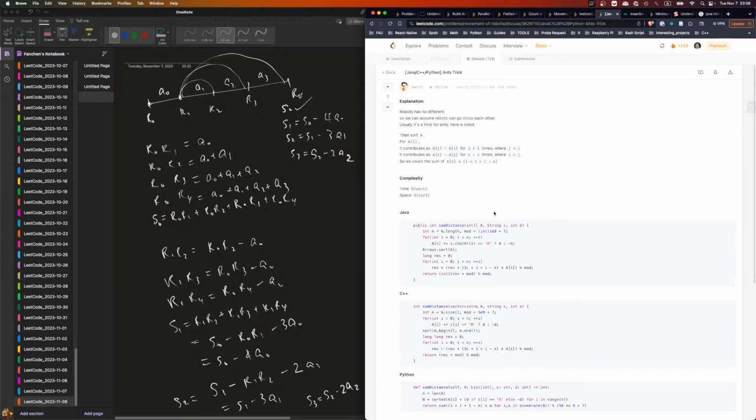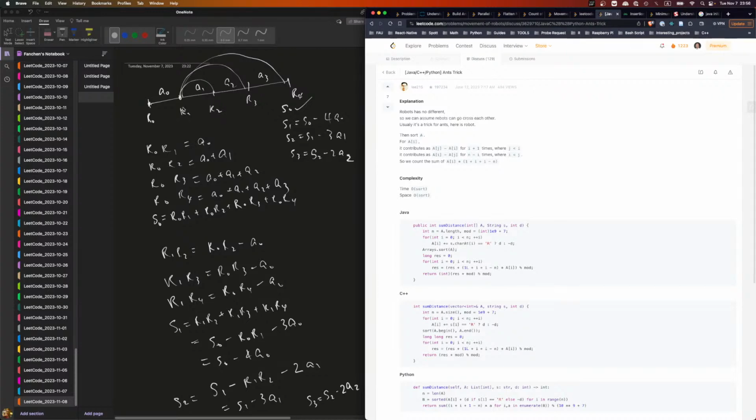I count the sum of ai times 1 plus i minus n. It contributes ai, aj minus ai for i plus 1 to j. Hold on. It contributes, so we're looking at each one. So each distance, it contributes n minus i times.